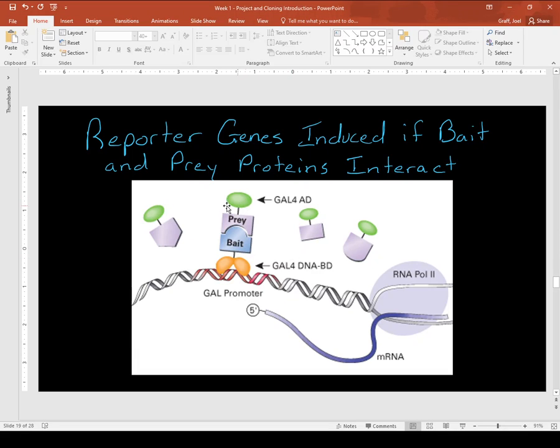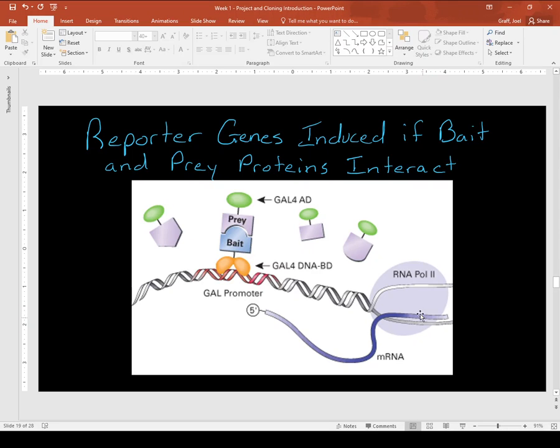So if we are trying to find out what protein our bait protein is interacting with, we may want to test out a whole bunch of different possibilities for prey proteins. And if there is a nice fit between the prey protein and the bait protein and they interact nicely, we will have the Gal4 DNA binding domain connected to the bait, connected to the prey, connected to the Gal4 activation domain. This is all built up right on the promoter of this particular gene, and so a polymerase would be brought in and it would transcribe the reporter gene.